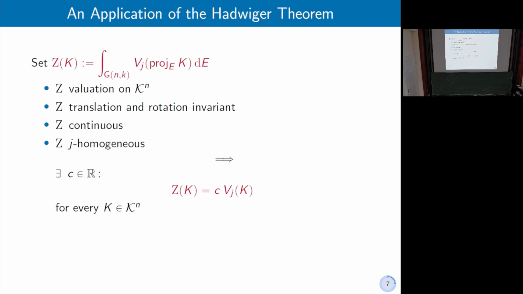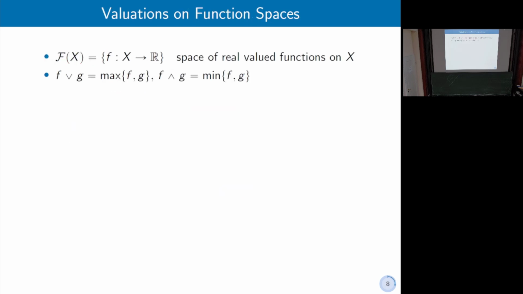Okay, so what does it mean for my question? I wanted to have a notion of intrinsic volumes on convex functions. I use the same approach. So let's first talk about valuations. You can more generally define valuations on function spaces. So I take any set, I take a space of real valued functions, and I replace my union and intersection by the pointwise maximum and the pointwise minimum of the two functions.